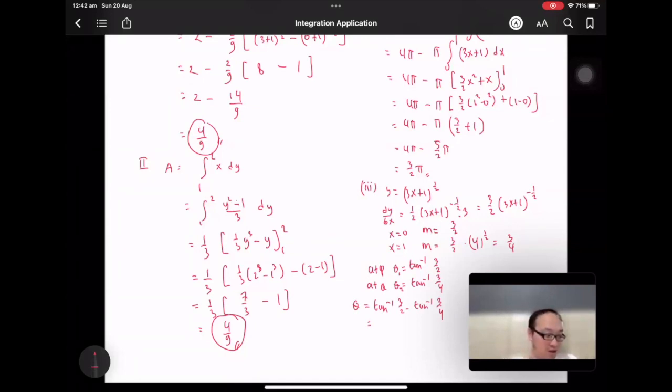Make sure that your calculator is in degree mode. So it's tangent inverse 3 over 2 minus tangent inverse 3 over 4 equals to 19.4 degrees.